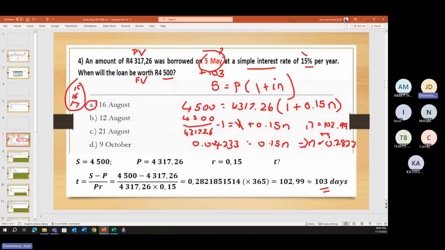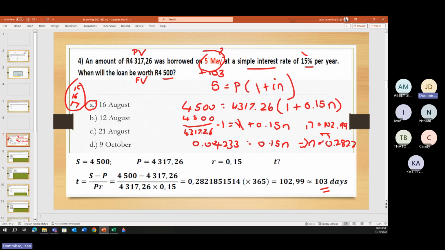They will not give you that because, once again, you could have decided that you only work with a full day, so maybe I work with 102. Then it is 15 August, but then the 16th August is the closest. So they will not give you options of 102 days, 103 days, and 104 days just because of rounding off.